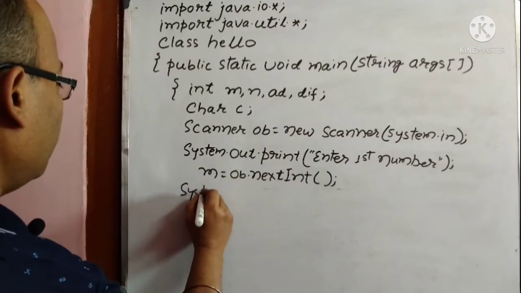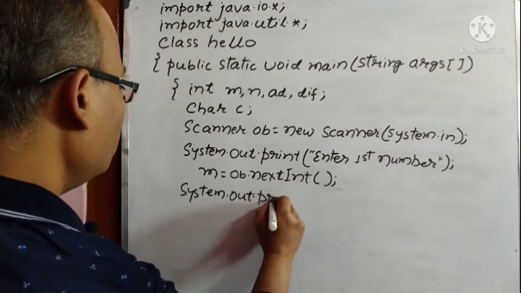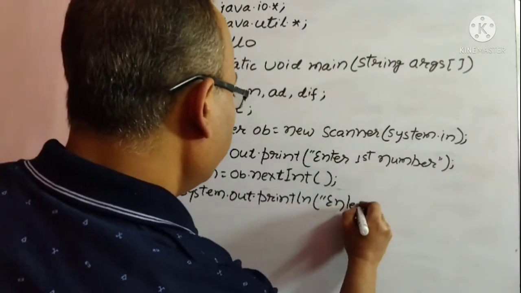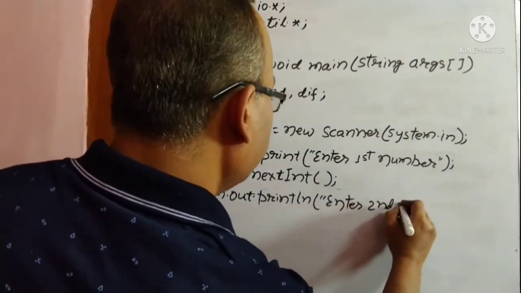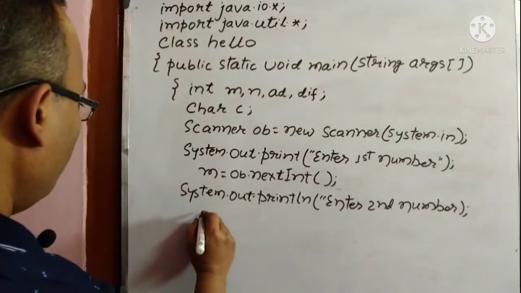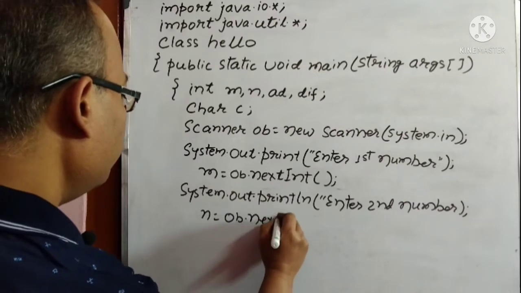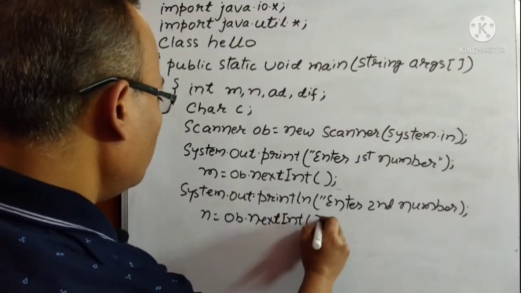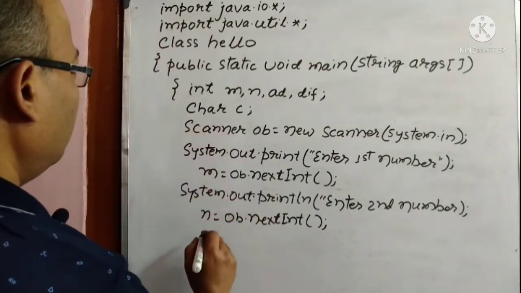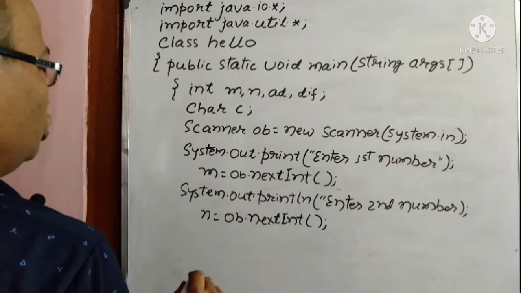Again, I will ask the user, so this output statement System.out.println, I will ask the user to enter second number, okay. Now where I am storing in n, so ob.nextInt(). So now I have two numeric variables. Now I will ask the user to enter a choice.